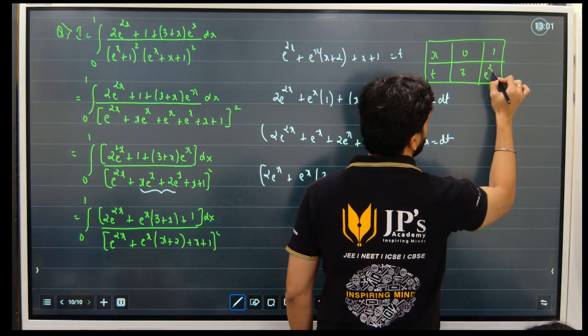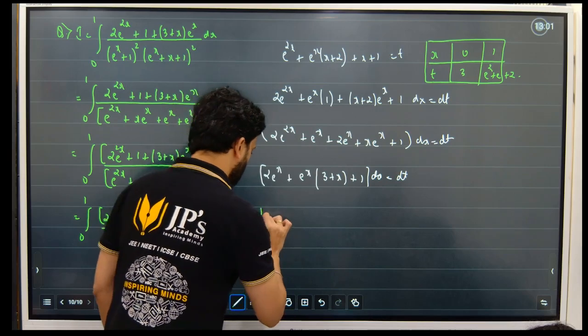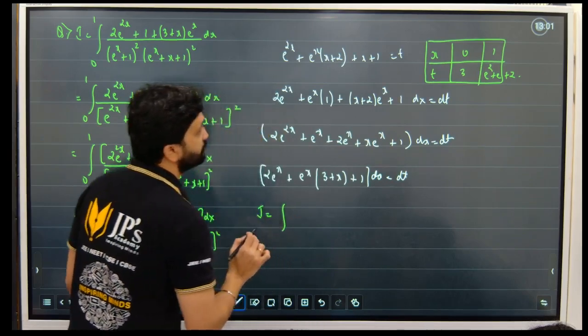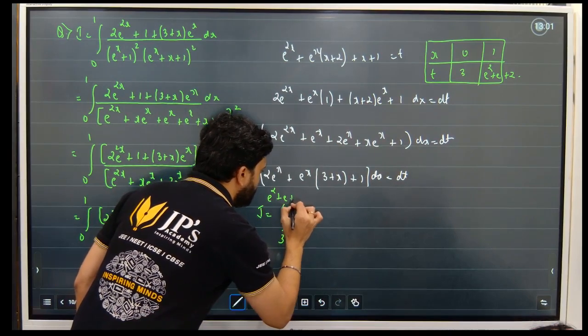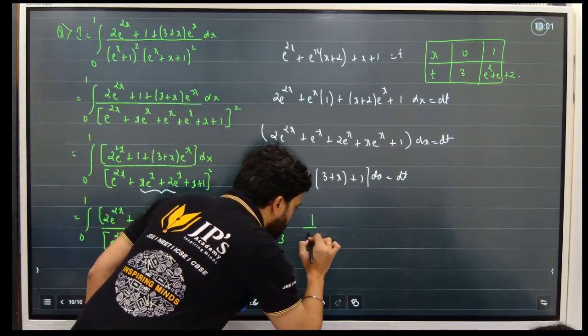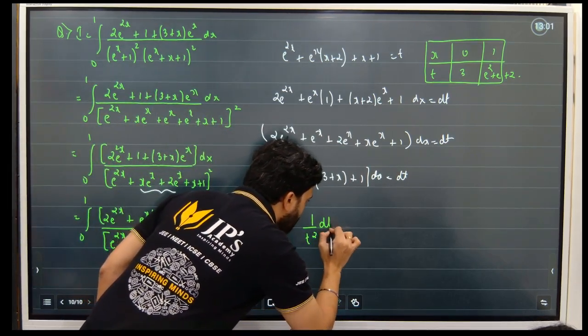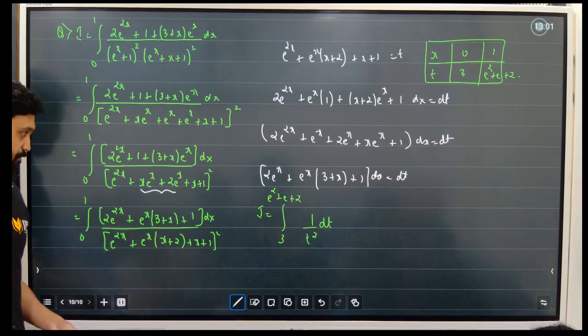So e square plus e plus 2. So my new limits will become I is equal to integration 3 to e square plus e plus 2, 1 by t square dt. Did you understand this? What is 1 by t square?